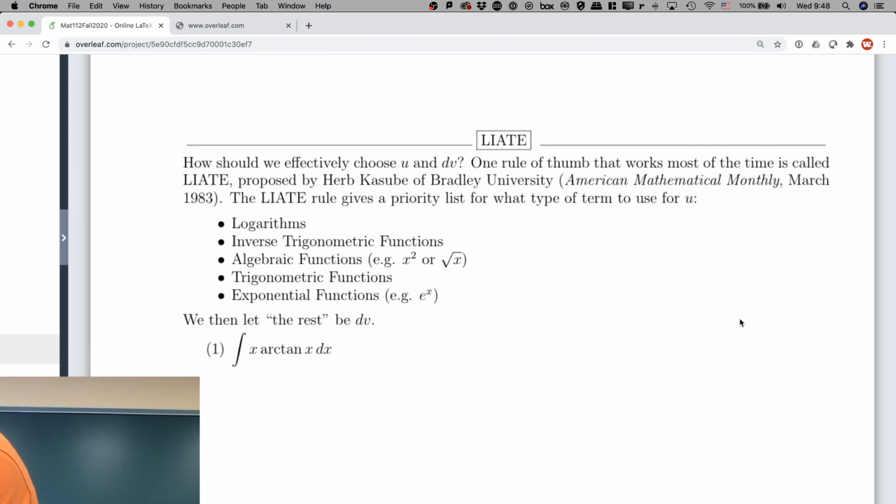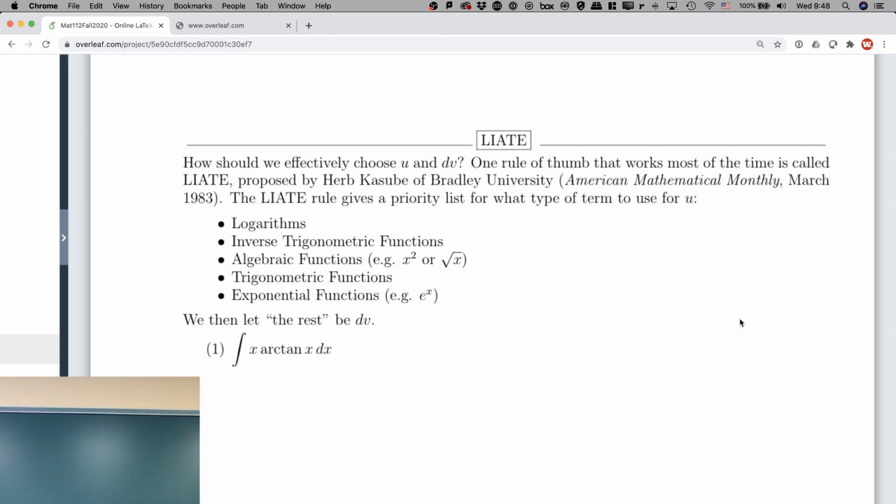Algebra, okay, so that's going to be stuff like x squared, square roots, etc. Trig, and exponentials. Okay, so this is your sort of priority list for what you should choose to be u. And then what you don't choose to be u, everything else, is dv.